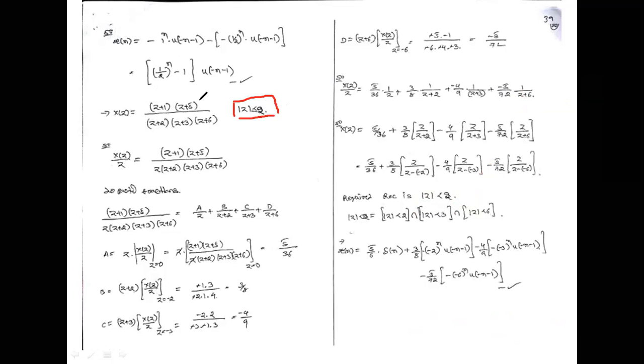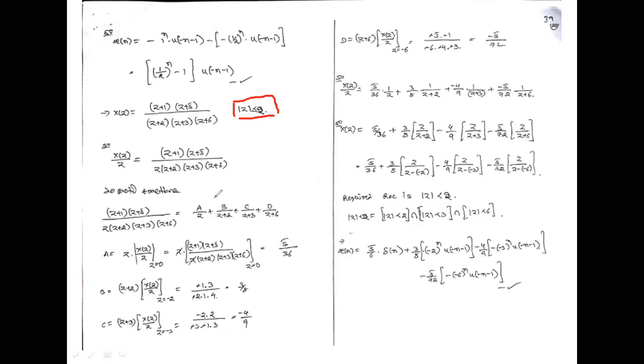After converting the given negative powers, first of all you can do positive powers and bring the x of z function as x of z by z. There is no z, so multiply 1 by z on both sides. So x of z by z is equal to 1 by z into the given total function.